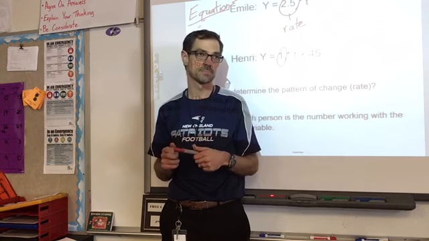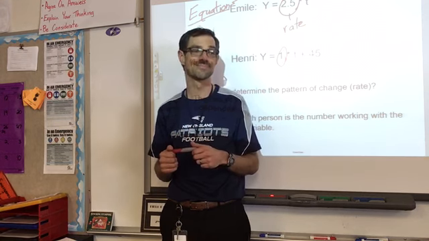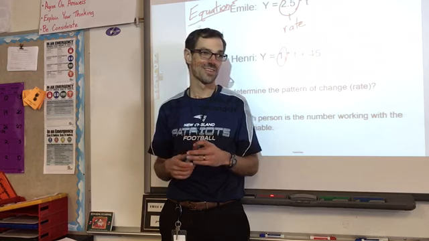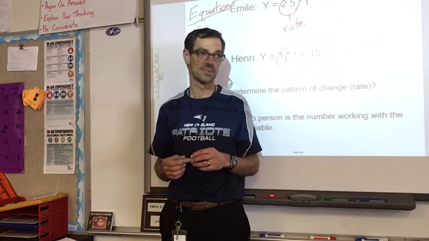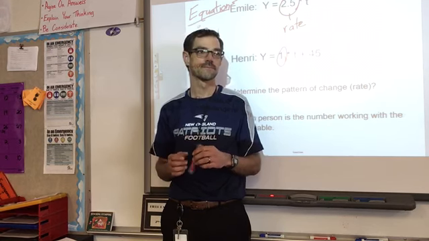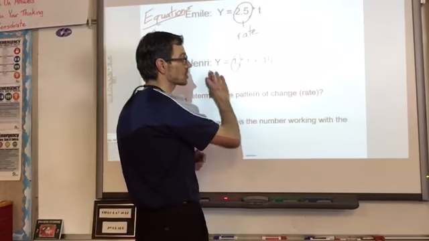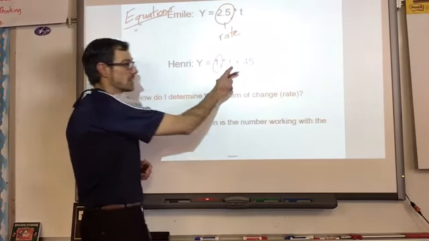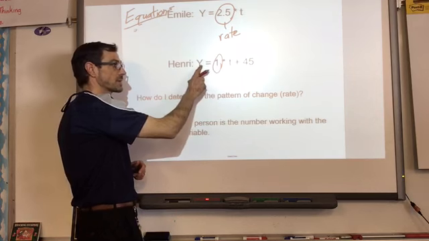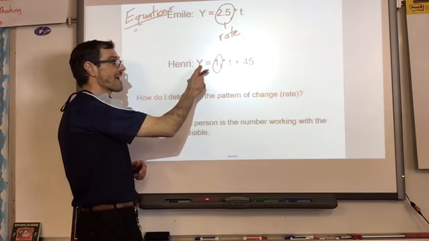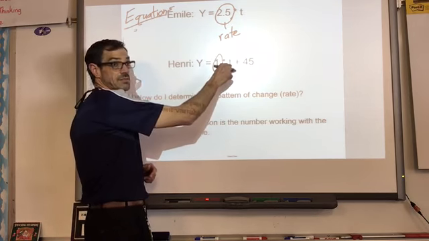Questions about patterns of change and rate? Skylar? Kind of a different equation, but still about. Mm-hmm. So you said that in an equation you can find an independent and dependent variable. How? So in this equation, let's take this one for instance. Here's my independent. Here's my dependent variable. How do I find them? I put time in.